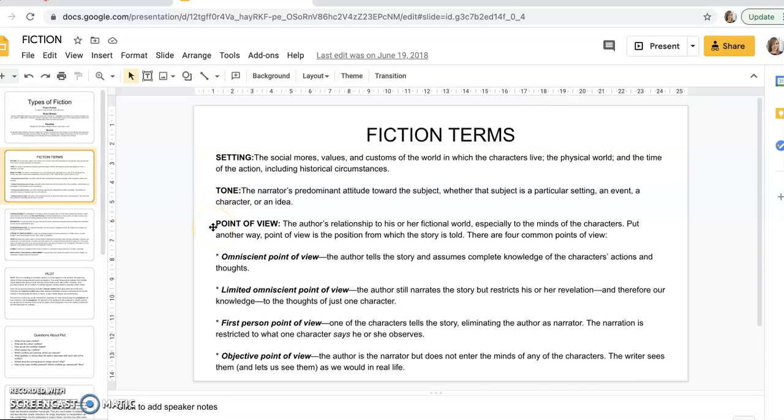Point of view is really interesting with stories. As I told you, when we're reading poems, you never want to assume that the author is the subject. The same thing with short stories. Sometimes it's a confessional short story. I will tell you when that's happening, but it's not always the case. So omniscient is one of the most used ones, and it's sort of interesting.